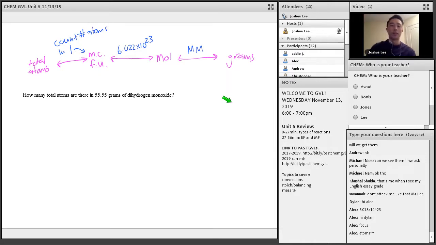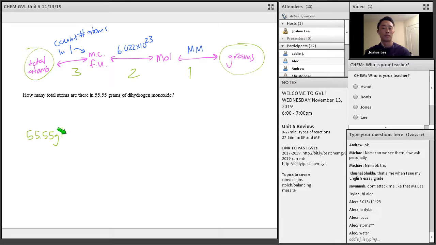So let's do this one. So this one I have to go through the whole gamut. I'm starting at grams and I want to end up at total atoms, so I have to go through 1, 2, 3 steps. I have 55.55 grams of dihydrogen monoxide, which is water, H2O.